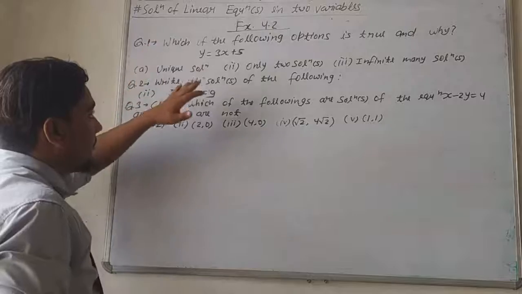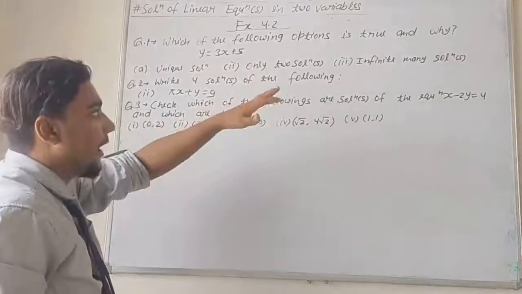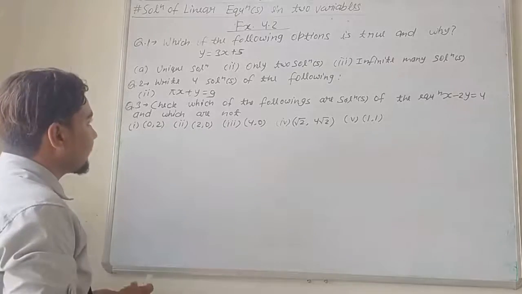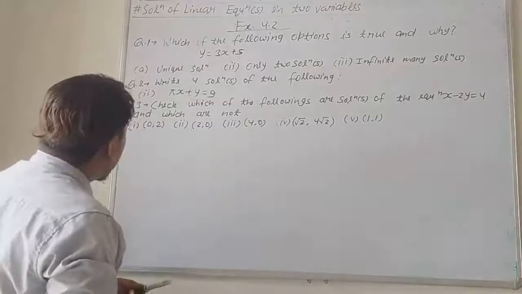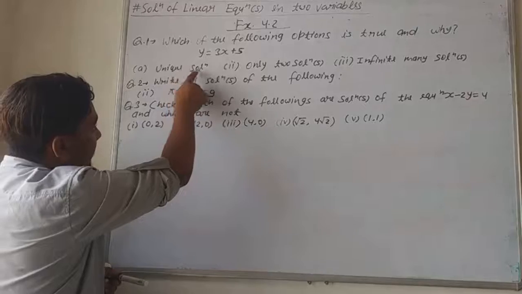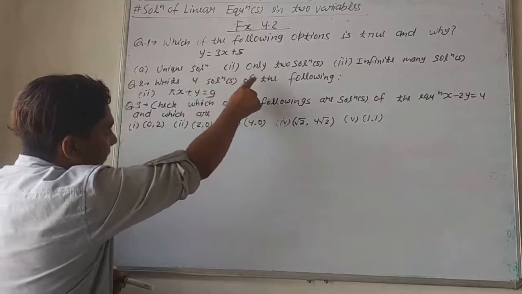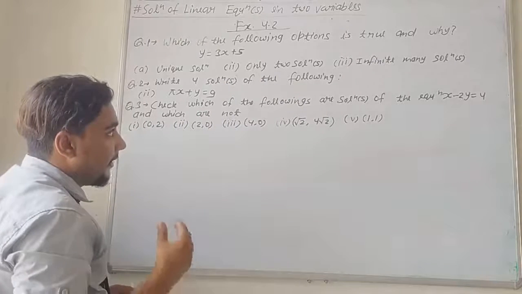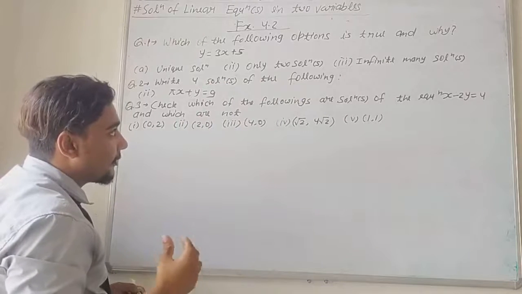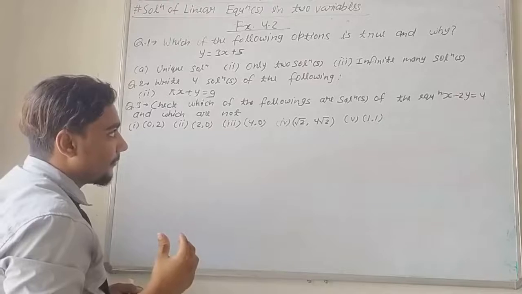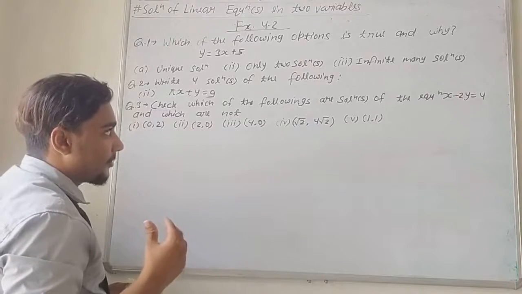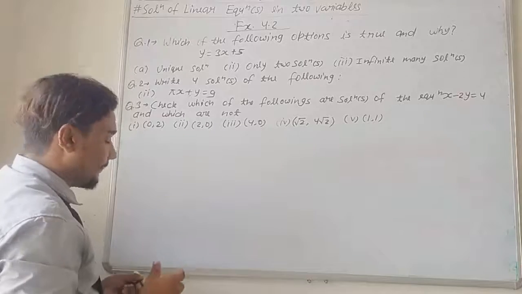Question number 1 is: which of the following options is true and why? y equal to 3x plus 1. First, a unique solution. Second, only two solutions. Third, infinitely many solutions. We have to find out which option among the three is correct.